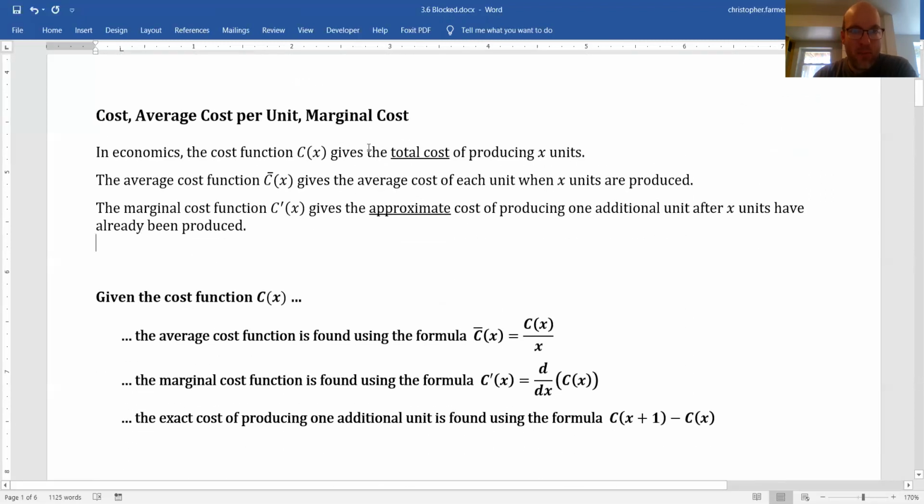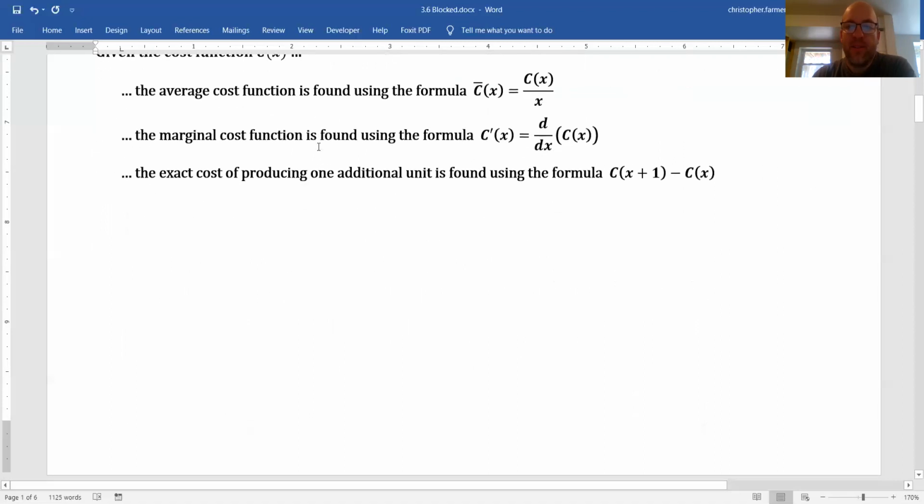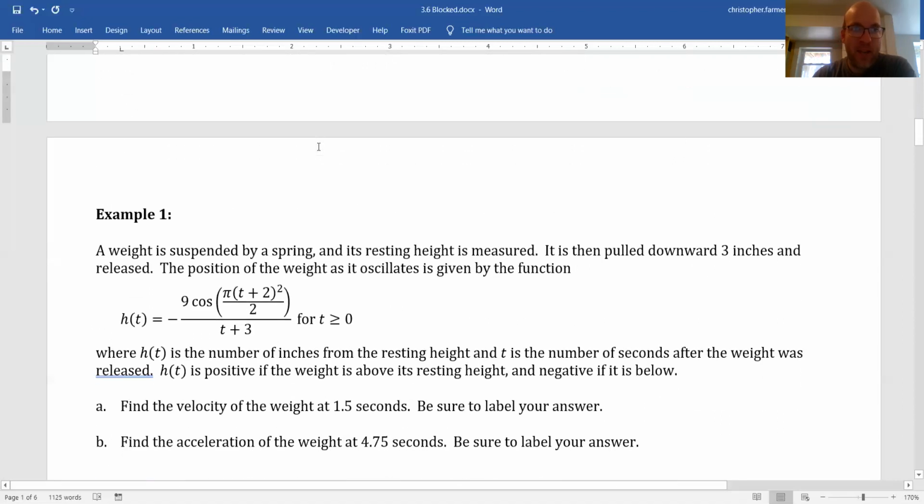I'm not so worried about you memorizing the ideas of all the cost information here, but I think it is pretty handy to know that you can take the derivative of the cost function to get an estimate of just how much more it's going to cost to produce an additional unit. This information is maybe not quite as common to run into, but knowing that you're going to be taking some other business classes, you might as well get used to this notation as well.